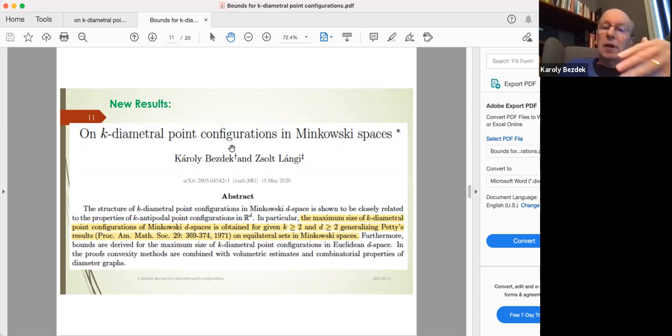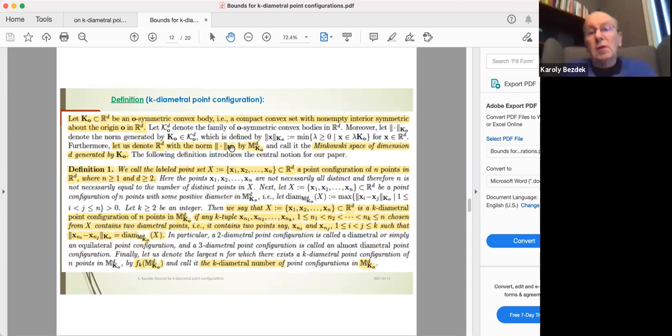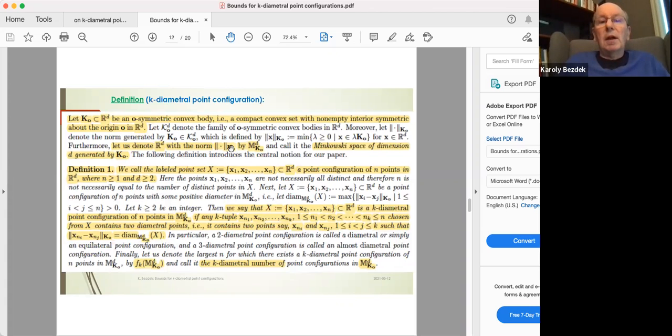And for this question, I will use our knowledge of the Borsuk problem and the Hadwiger problem, as you will see at some point later. Nevertheless, let me get to the definition of what I mean by a k-diametral point configuration.